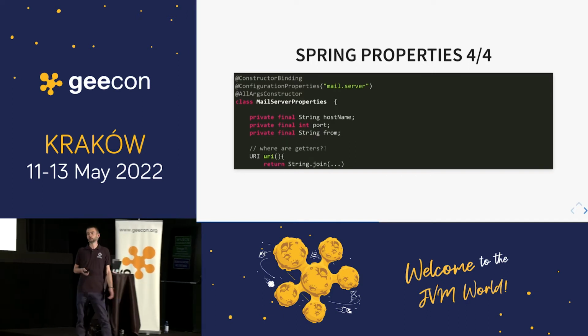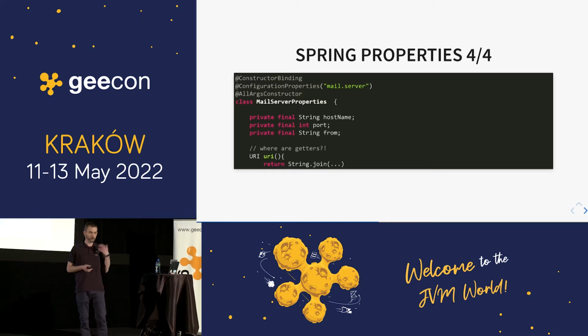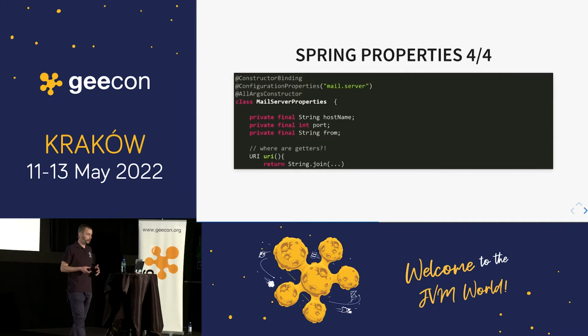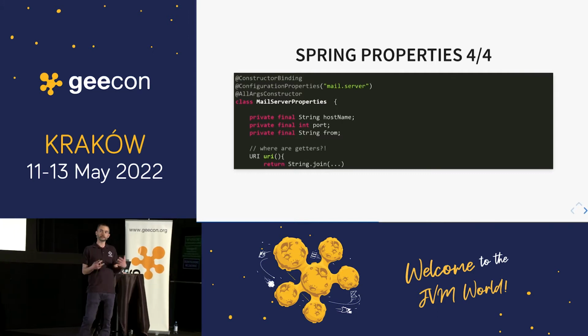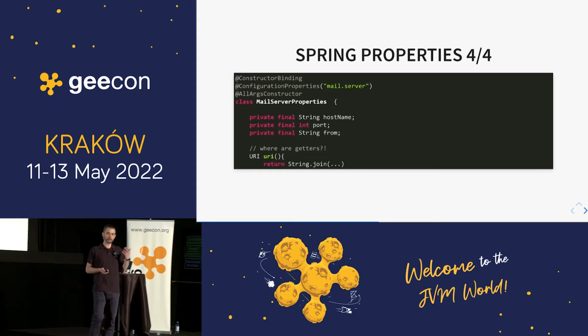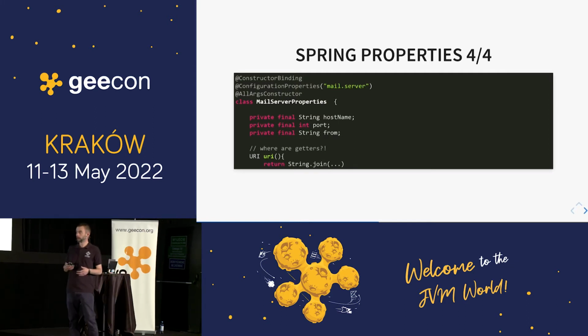And then you not only don't need setters anymore, because everything will be injected via constructor, but because you created an object, you also don't need getters, because this object can be a little smarter than just three or more strings, and provide methods, for example, creating a URI.